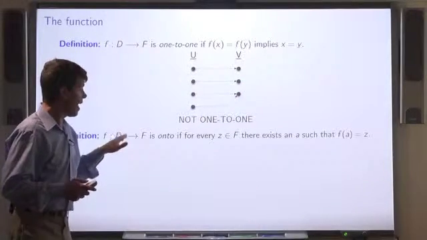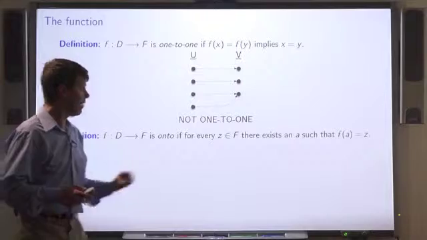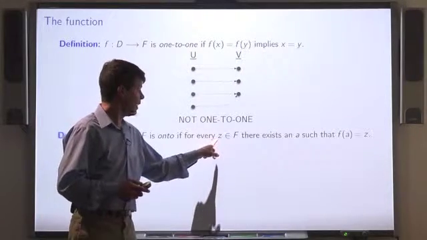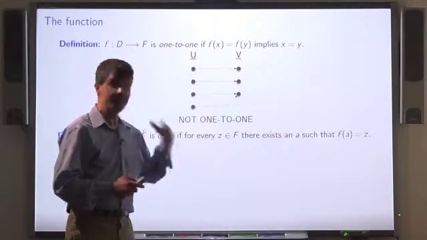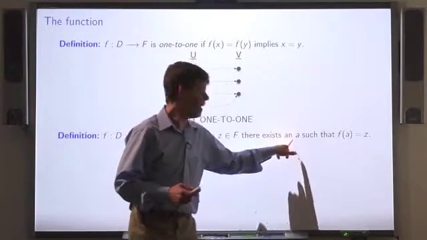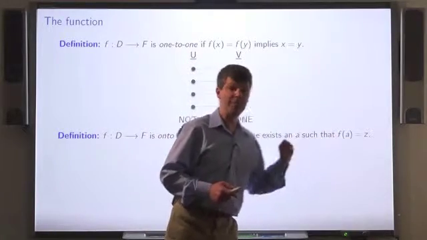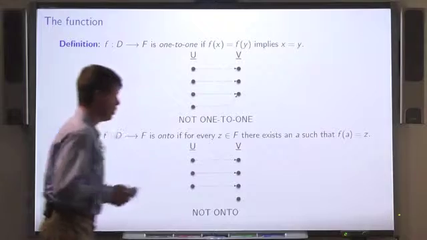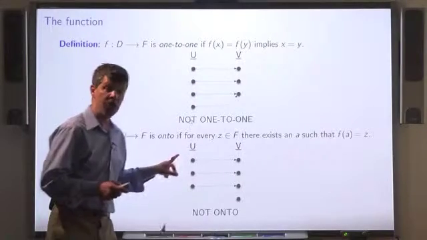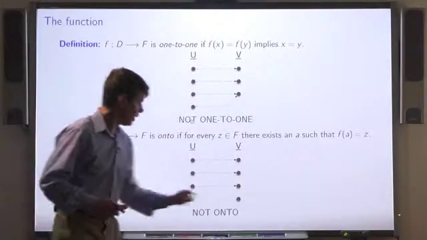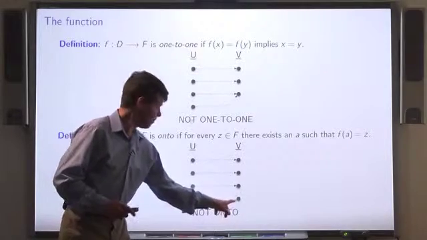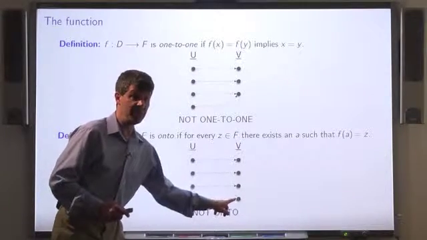A function f is onto if for every z in the codomain, there exists an element, say a, in the domain that maps to z under that function. So here's an example of a function that is not onto, because here's an element in the codomain that's not the image of any element in the domain.